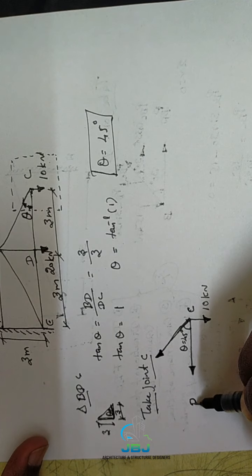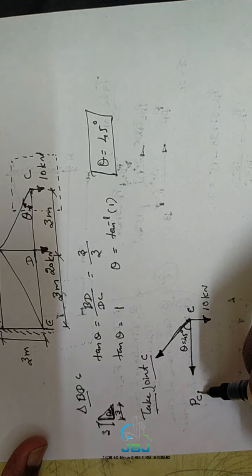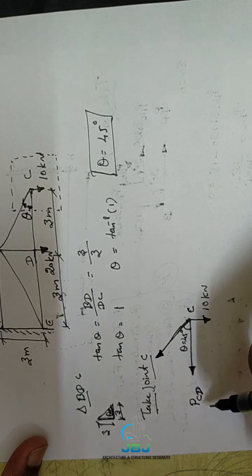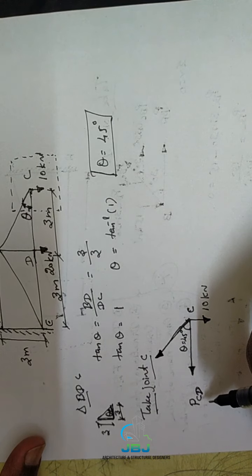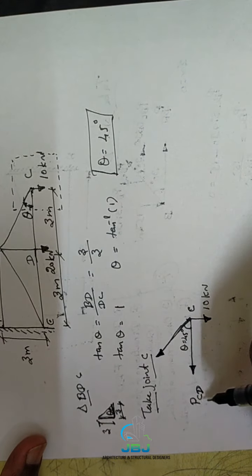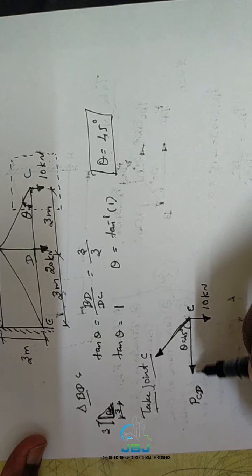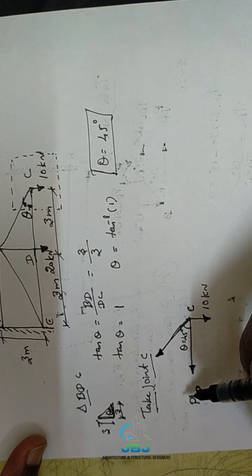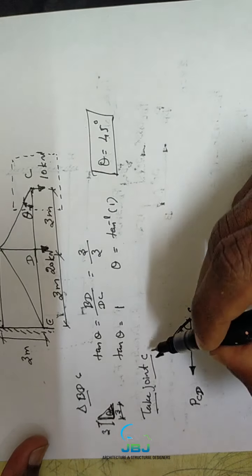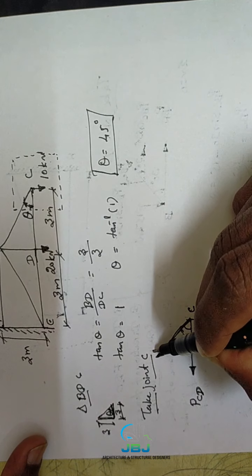We can name it PCD. P means the force; instead of P you can put F, whatever you wish. C represents the joint, and D is the joint where the member is going, the other end of the member. So PCD.